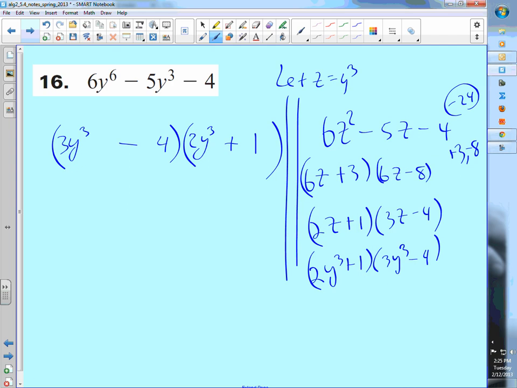Can we factor 2y cubed plus 1? Is this a sum of cubes?